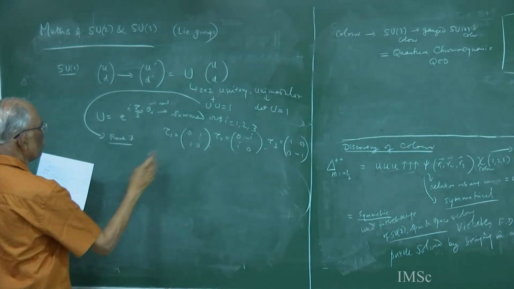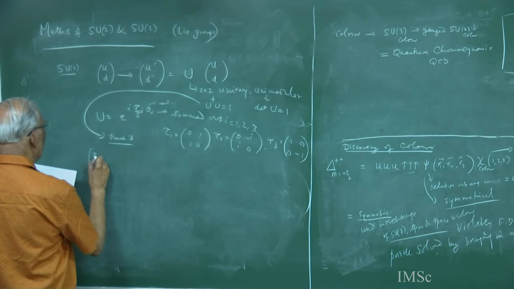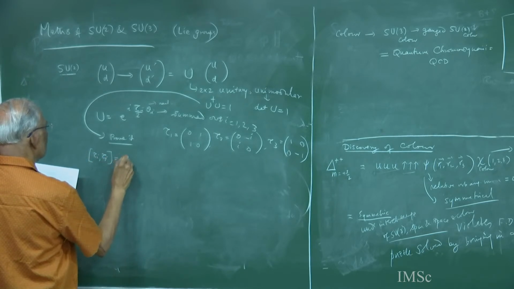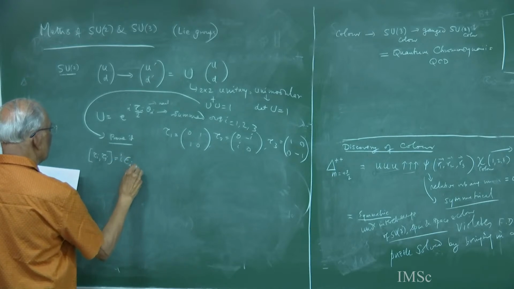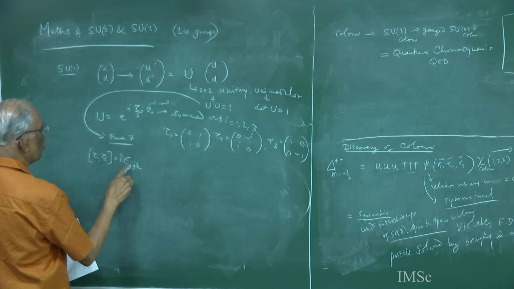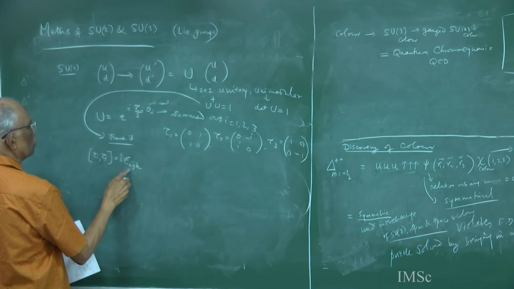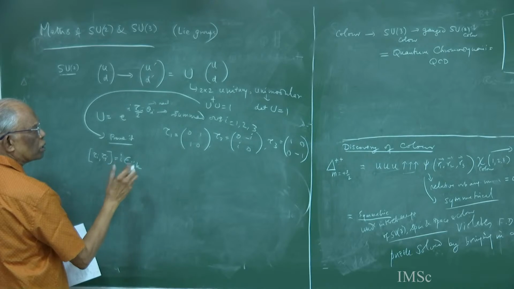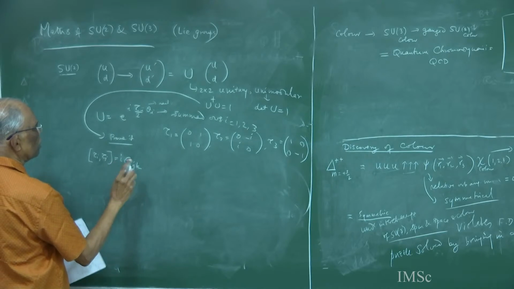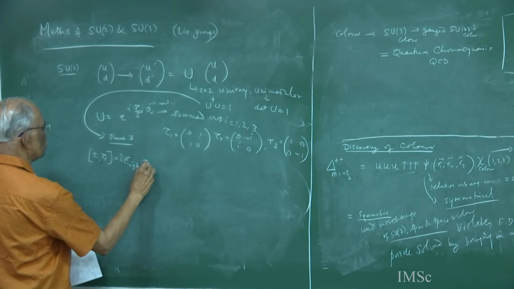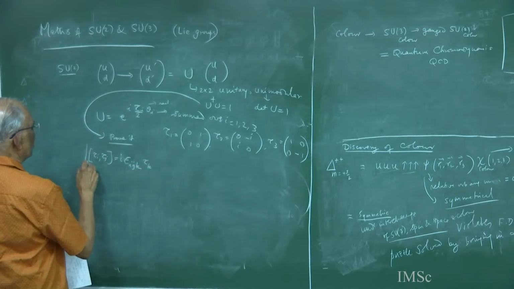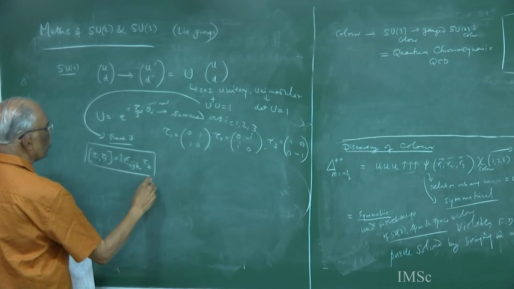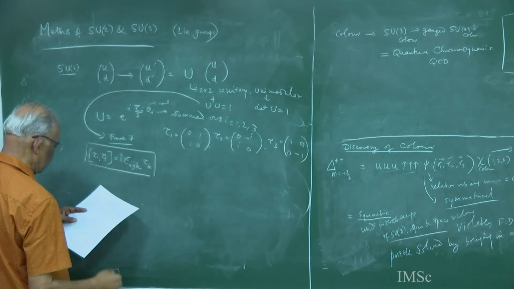One important property of the Pauli matrices, all of you will know, is the commutator. I hope all of you know what this epsilon symbol is. Epsilon 1, 2, 3 is plus 1. If you make one interchange, it is minus 1. If 2 indices are identical, it is 0. Again, repeated indices k are summed over. This is the important property of the Pauli matrices, which is valid here also.